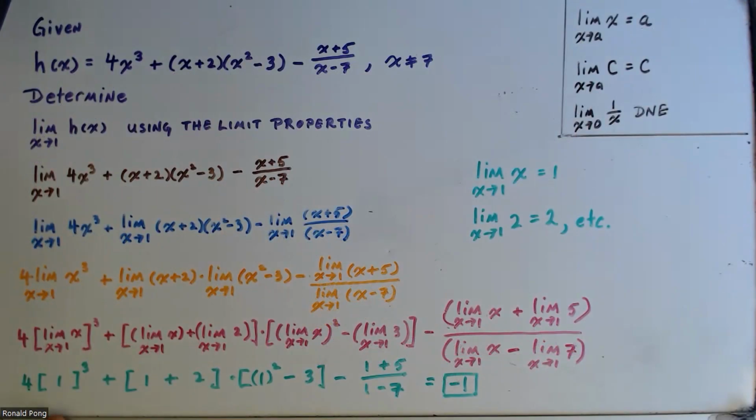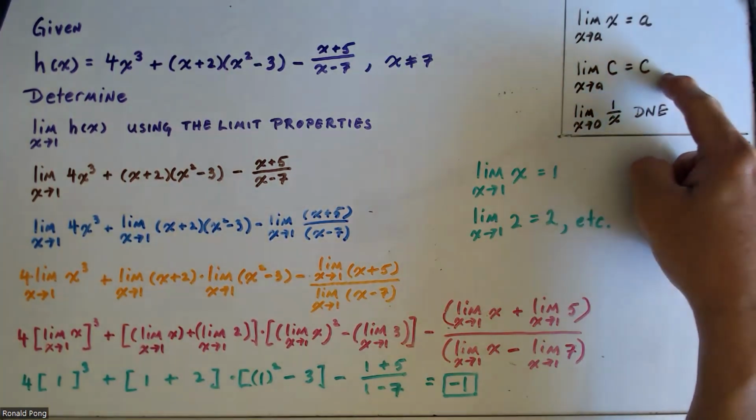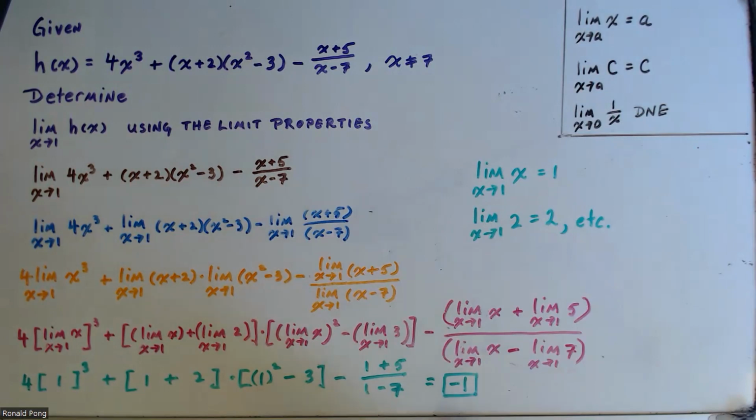What I've done is I've substituted a 1 for the limit of x as x approaches 1, which is this first result. And again, the limit of a constant as x approaches any real number is simply the constant. That's the second result. Here I showed it for the number 2, but the same applies for 3, 5, and 7.